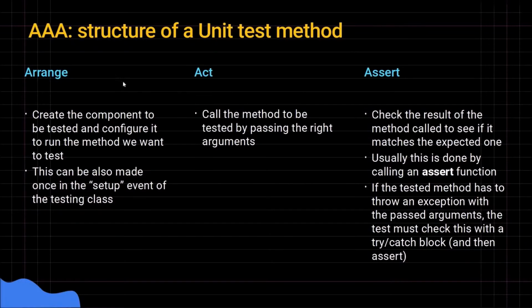Well, each test method in reality is a test event, we will see, and is made of 3 parts, 3 blocks of code. There is this rule, it is called the AAA rule of unit testing: arrange, act, and assert. First of all, we have to create the component that has to be tested, and we have to configure it to run the method we want to test.